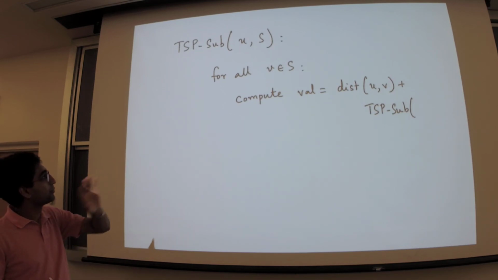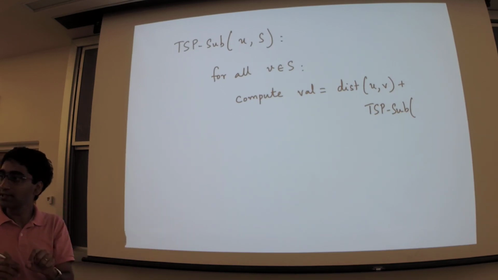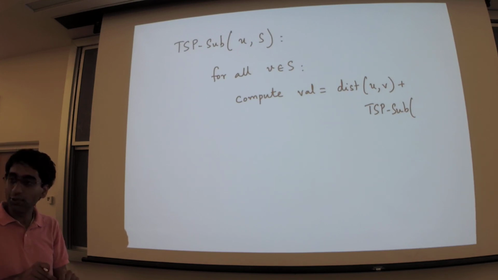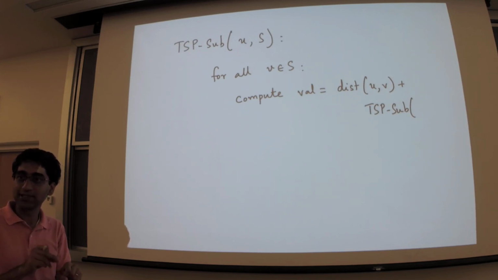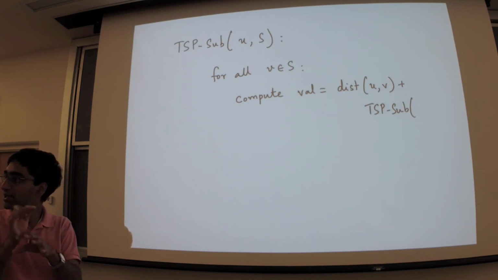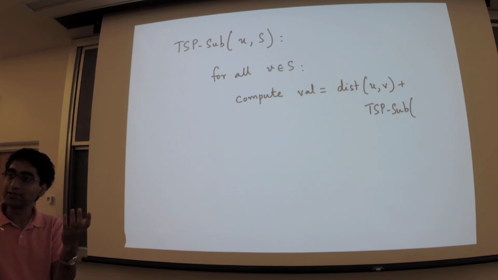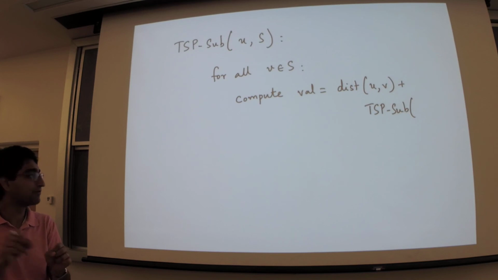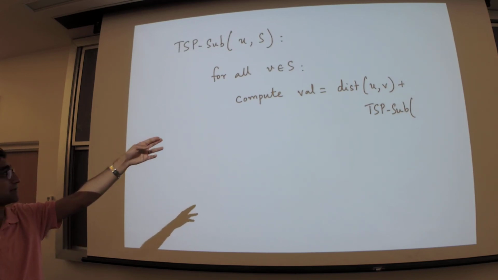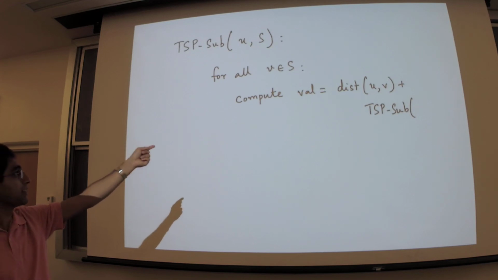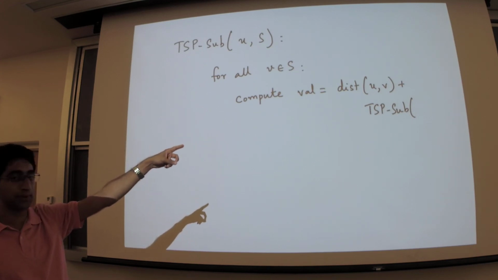So what both these answers are trying to do is basically decide from U what is the first vertex that you visit next. You have to visit everybody in S, so the next vertex you visit has to be somebody in S. So you try all possible choices. You say that okay, the next vertex I visit will be V, and if it is a certain V, then you pay a cost of dist of UV.